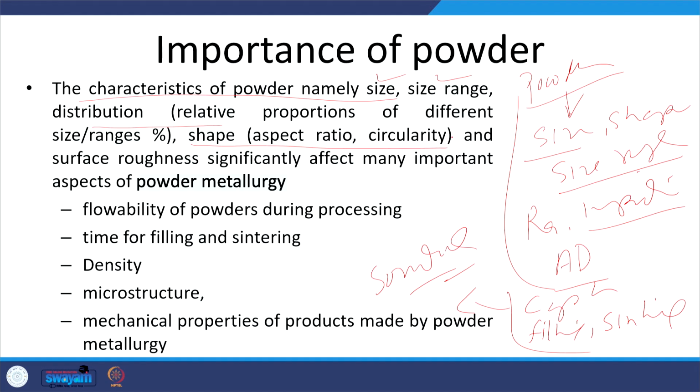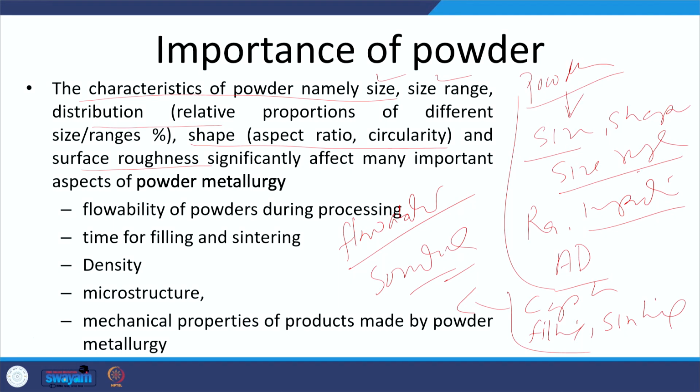The shape, like aspect ratio or circularity, and surface roughness, these factors affect the flow, or you can say the flowability. So, the time required to fill; these also affect the apparent density, and the filling time of the die cavity with the powder particles.